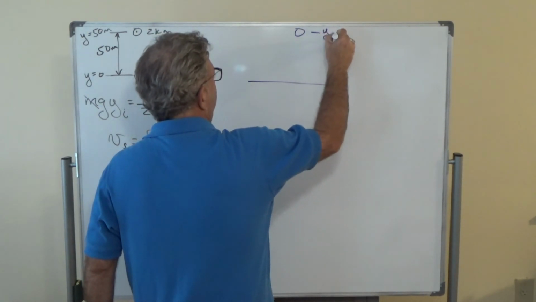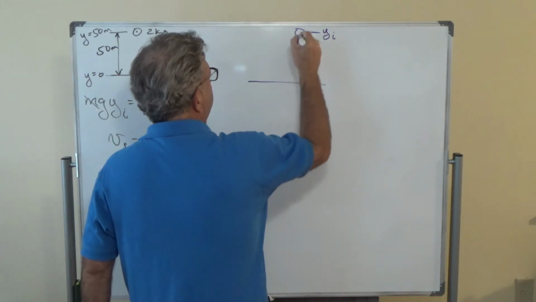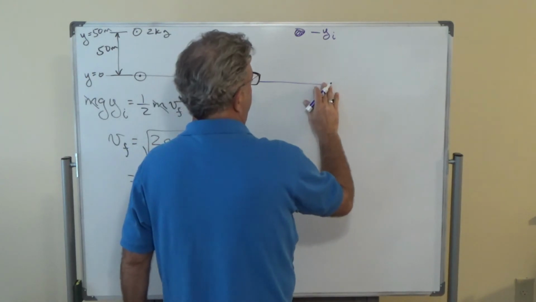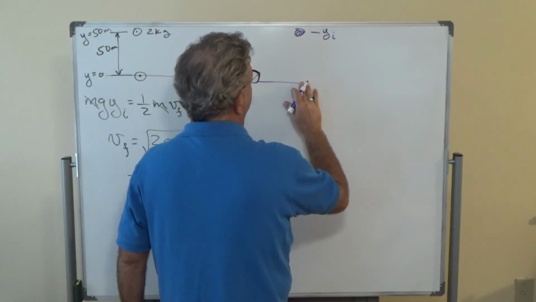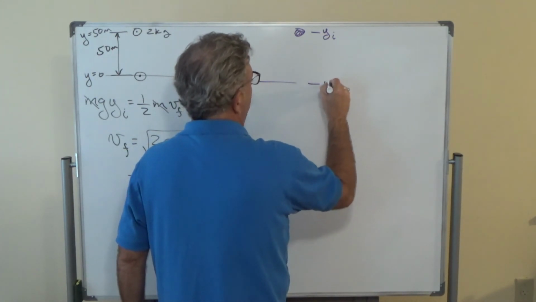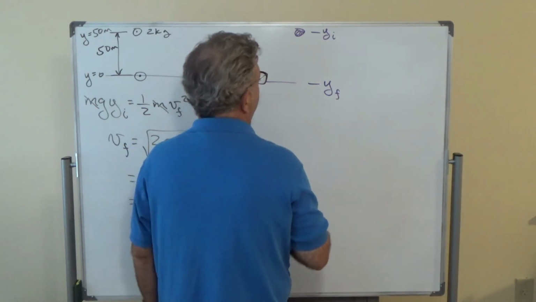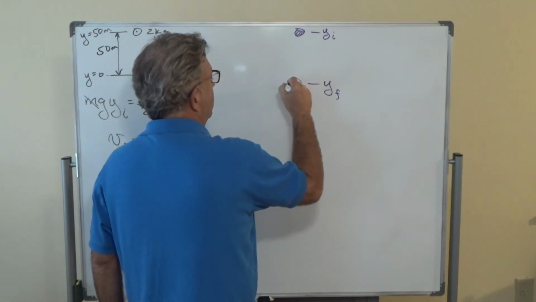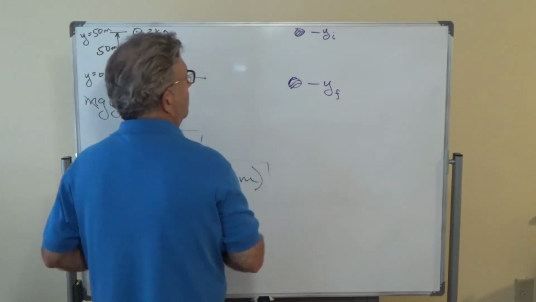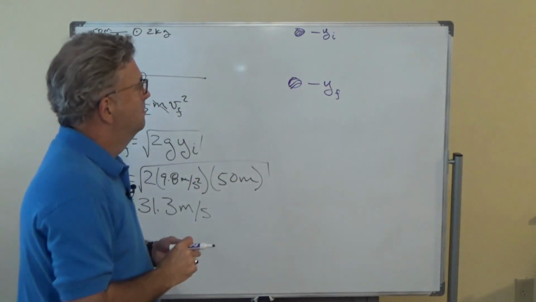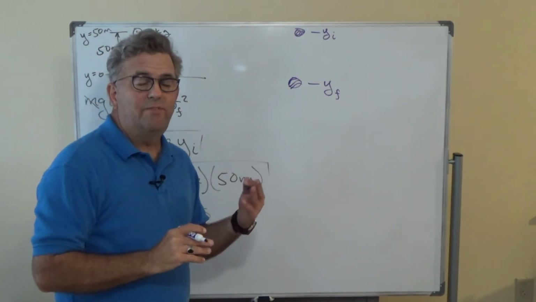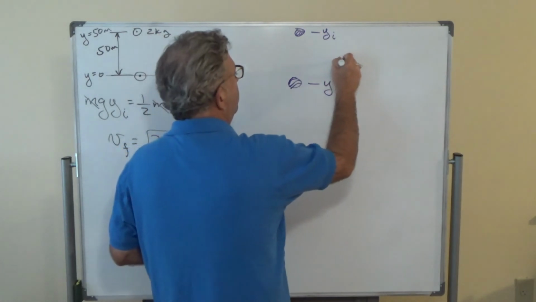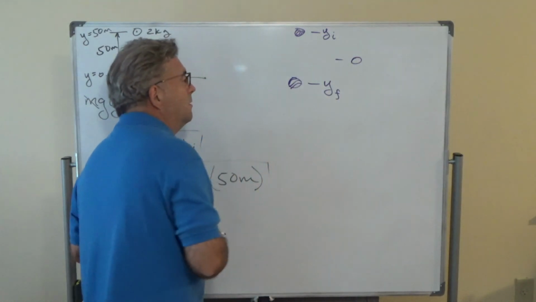So here's y initial, here's some mass up here at y initial, and I'm just going to call this y final. It's falling, and it comes to some point y final. I can define the 0 anywhere I please. I'm going to put 0 right here.